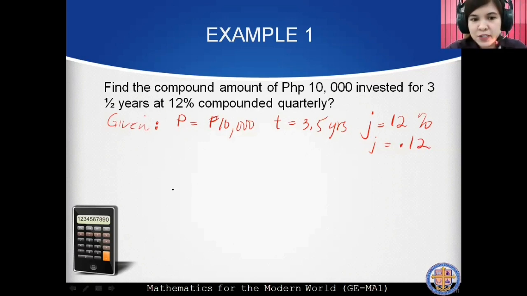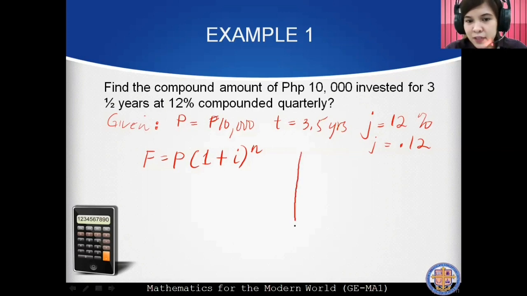And then, we're looking for the compound amount. So, we have this given formula for the compound amount, which is F is equal to P times 1 plus I raised to N. So, that's our formula. We need to solve first I and N, so let us solve them separately.